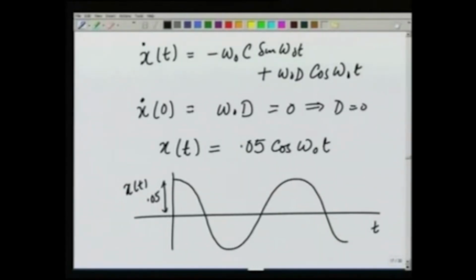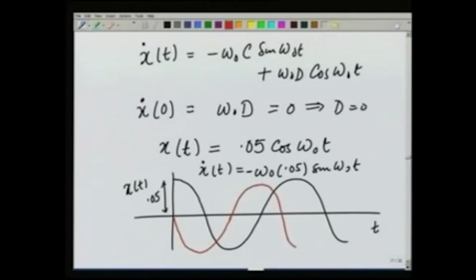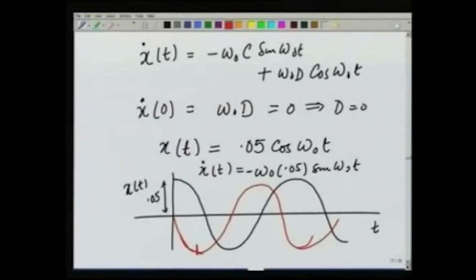If I were to plot the velocity of the particle, I will take the derivative, and that would come out to be x dot t is equal to omega 0 times 0.05 sine omega 0 t with a minus sign here, and that would look like this. Initially the particle is moving towards the left, it has negative velocity, the velocity reaches maximum, and then it slows down and then goes to the other side.